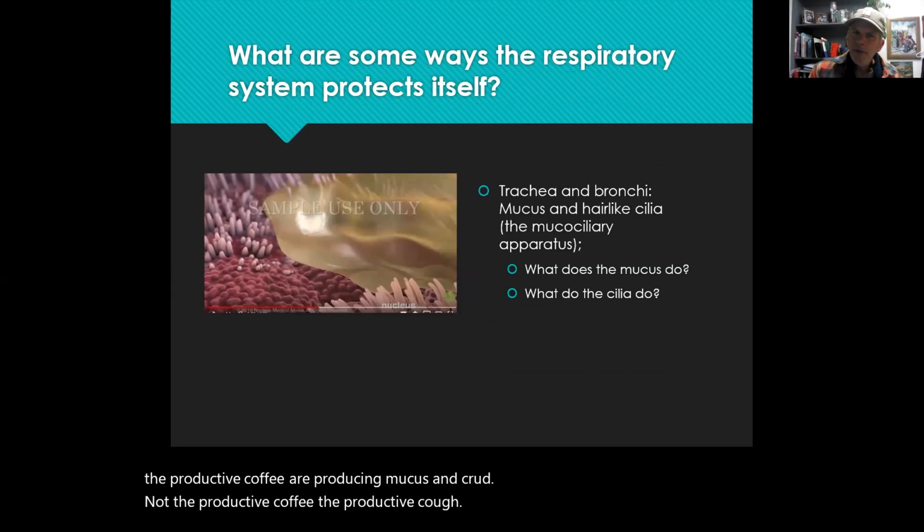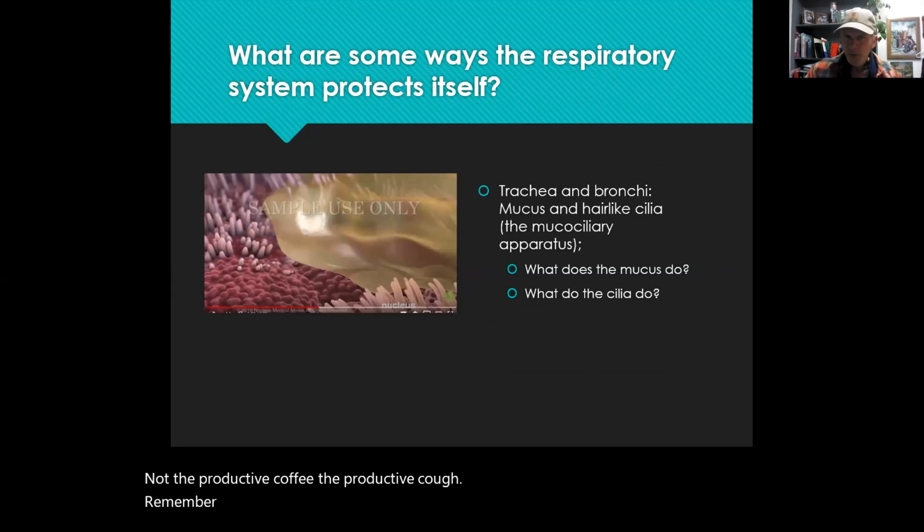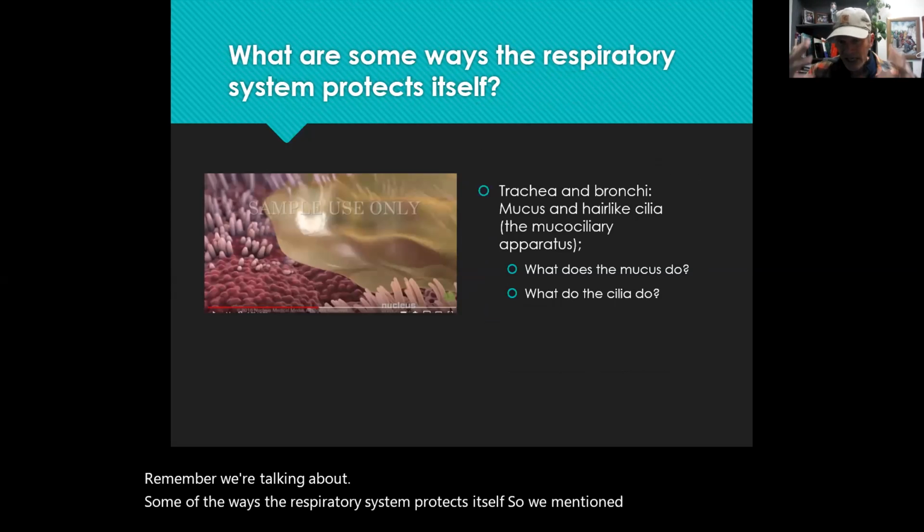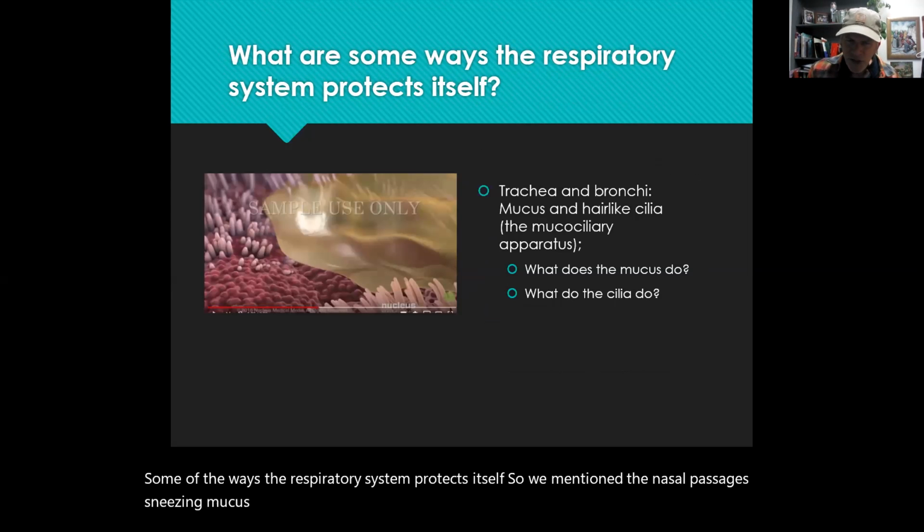And remember, we're talking about some of the ways the respiratory system protects itself. So we mentioned the nasal passages, sneezing, mucus, coughing. Something else that takes place, I think it can take place in the trachea and the bronchi and the bronchioles.